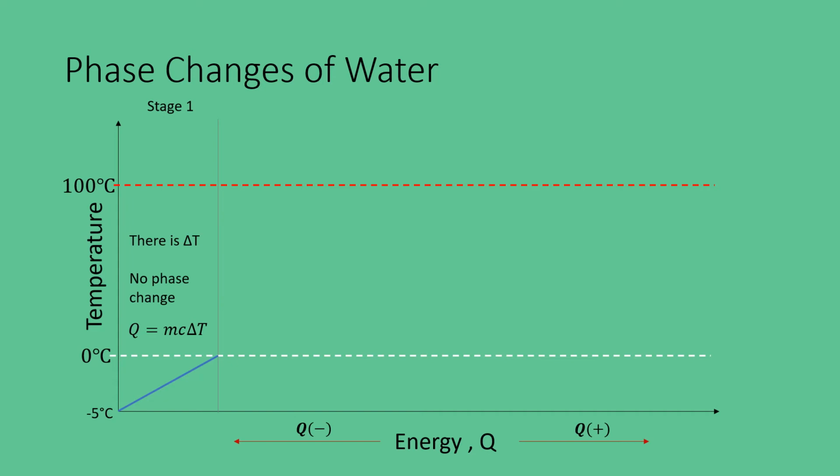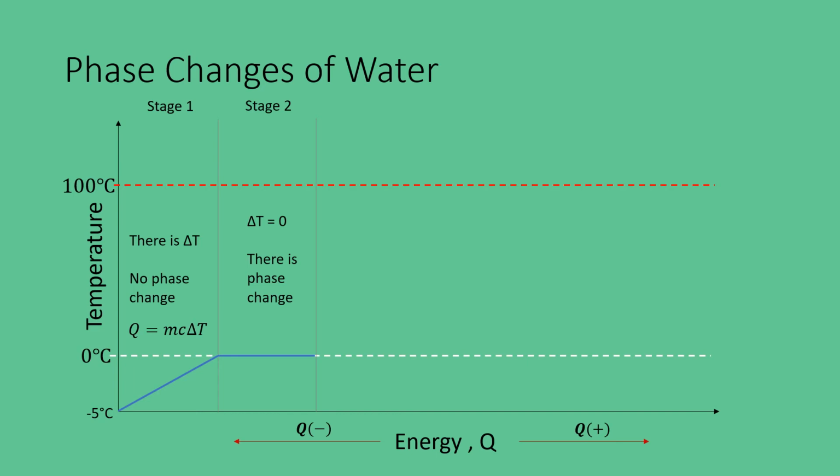Then, starting now from 0 degrees Celsius for a moment, it will remain at 0 degrees Celsius for the meantime. This is now stage 2, wherein the value of delta T is equal to 0, meaning there is no change in temperature. However, at this stage, there is a phase change.